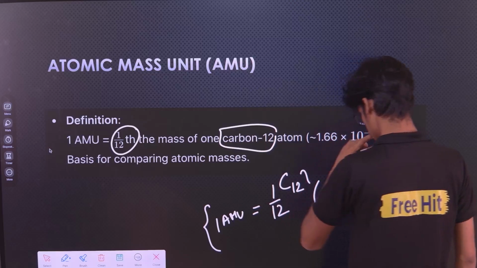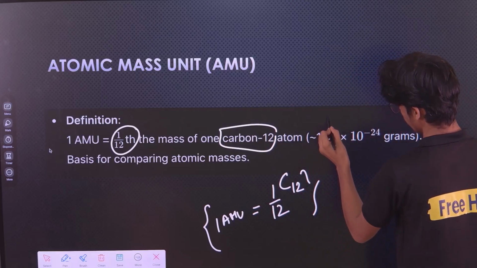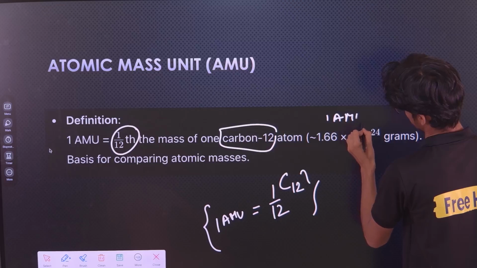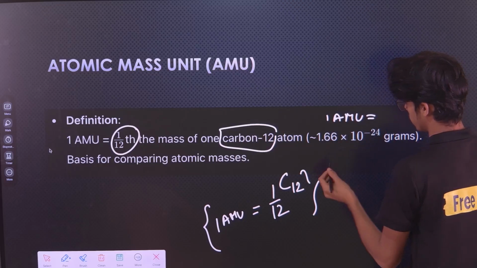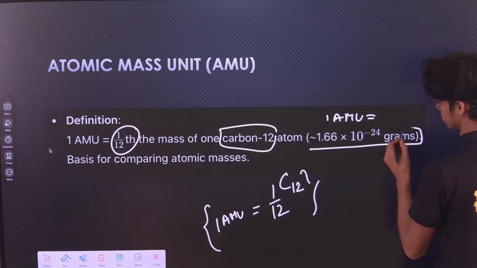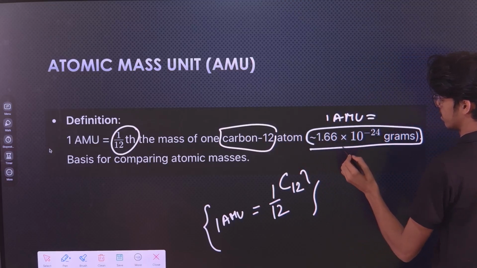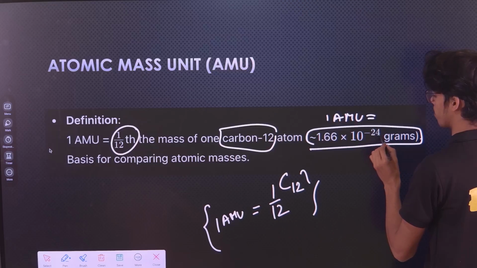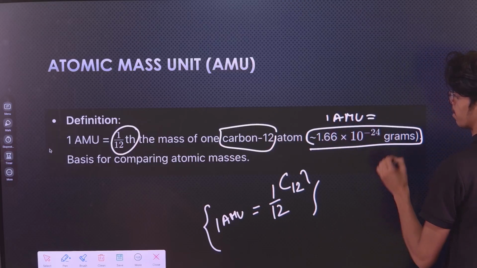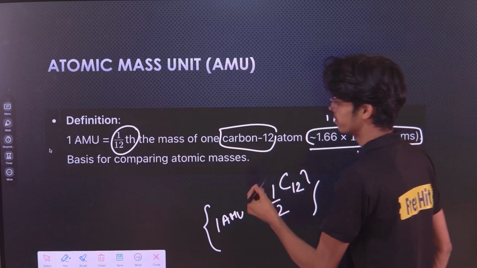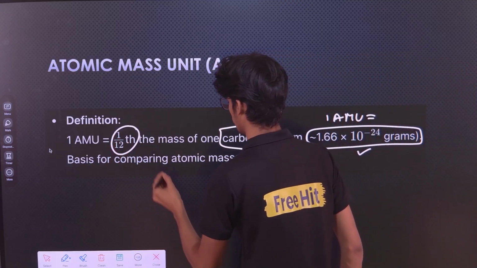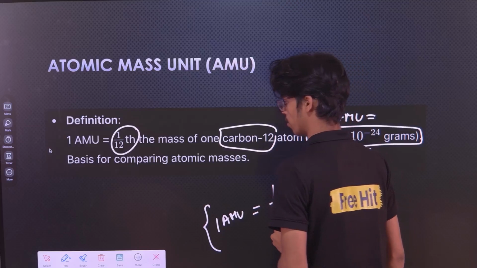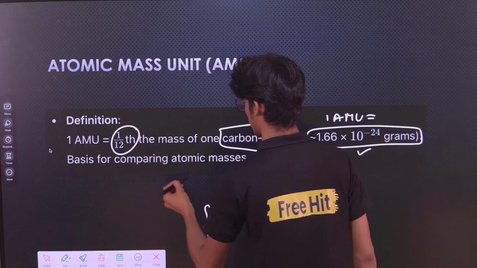And remember, 1 atomic mass unit in terms of gram is 1.66 into 10 to the power minus 24 grams. So 1 atomic mass unit is equal to this, or the definition basis is that it is 1/12th the mass of 1 carbon 12 atom. This is the basis for comparing the atomic masses.